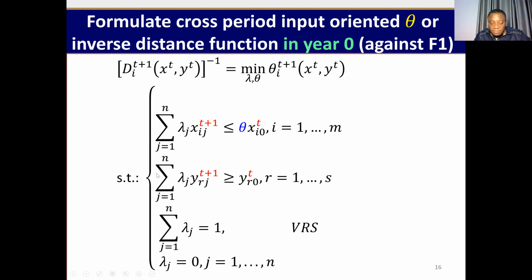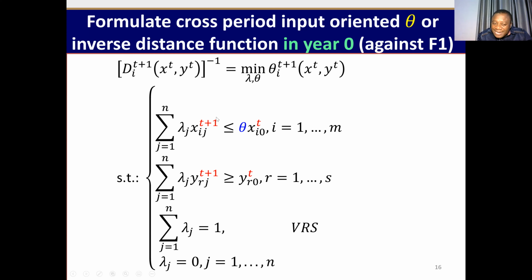In the constraint, the subject to, you will notice that the left-hand side represents the frontier, the technology set. Of course, it is the entire production possibility set, a polyhedral convex set that we are showing here.